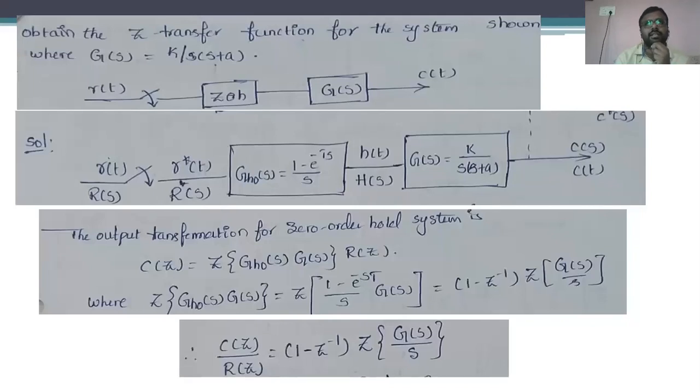In order to calculate the pulse transfer function for these kinds of systems, we have the expression (1 - z^-1) times the z transform of G(s)/s. This is the expression used for these kinds of problems, where G(s) is K/(s(s + c)).